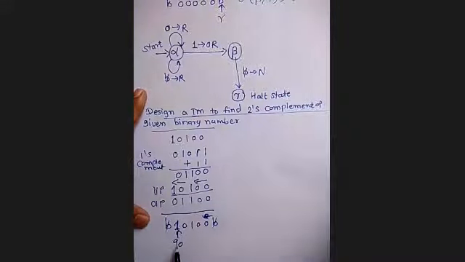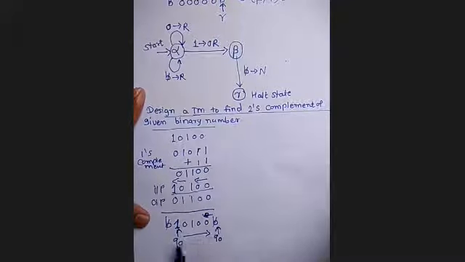So we'll keep on moving to the right till we reach the end of the input. We remain in the same state, moving right without changing any symbol, and then we reach the blank. Blank indicates the end of the input. So the q0 state is just moving to the right. Now what do you have to do?